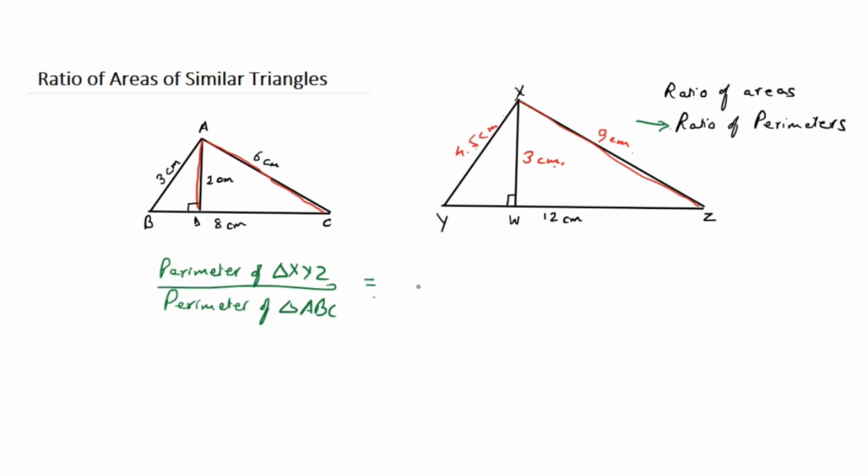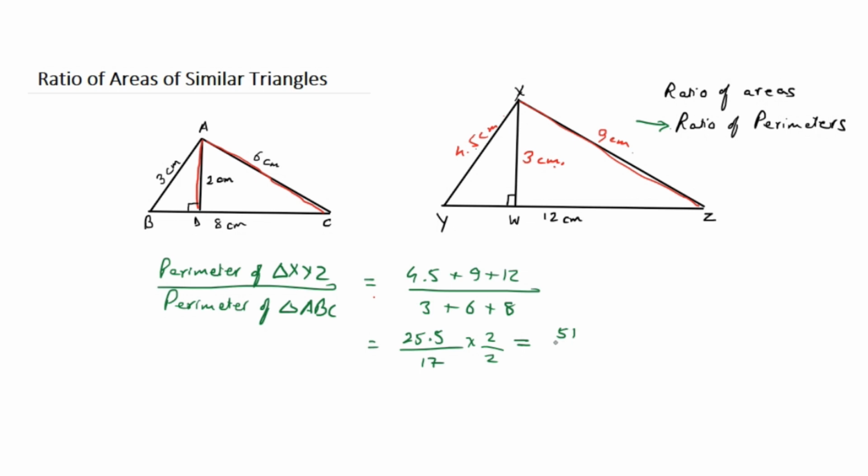So 4.5 plus 9 plus 12 over 3 plus 6 plus 8. So how much does that come to? 12 plus 9 is 21, and 25.5 over 3 plus 6 is 9, 9 plus 8 is 17. We can multiply both numerator and denominator by 2 so that we can get rid of the decimals. So we get 51 over 34.